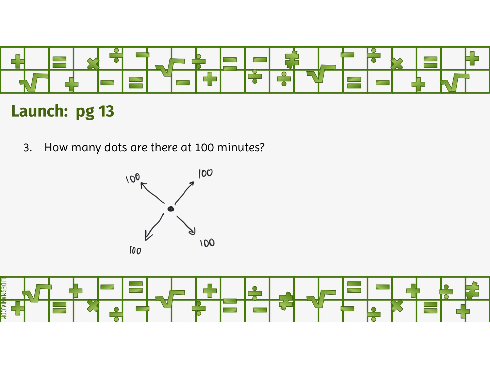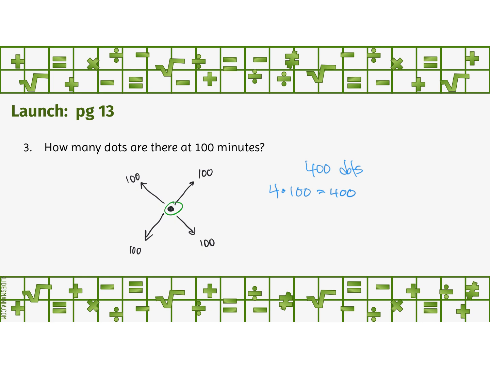And so some of you might have said, oh, well, there's 400 dots, because you're like, oh, each side has 100. So we have 4 sides and they're at 100, which makes the 400. But the problem is we need to remember that there's actually a dot in the middle.